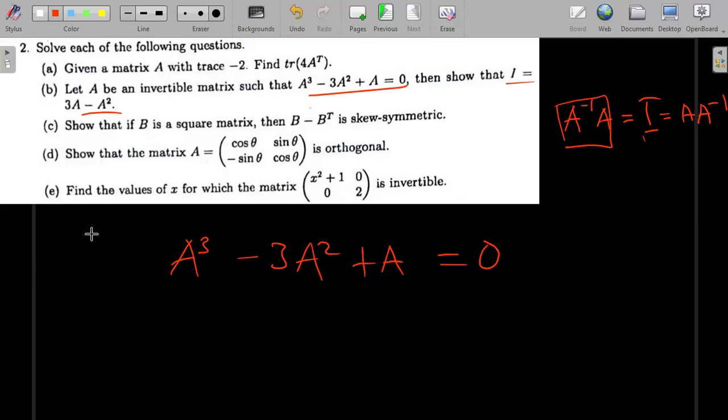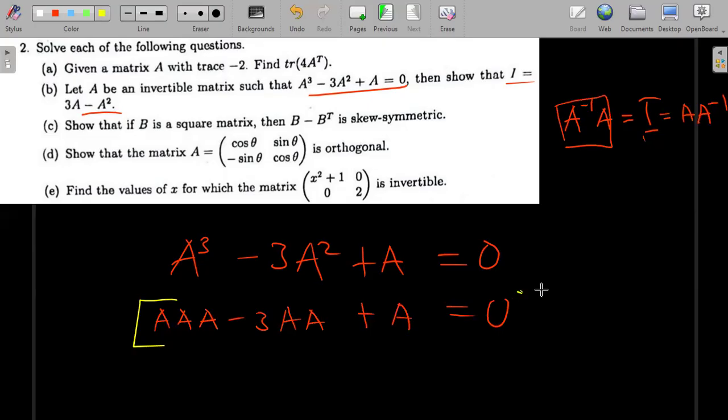All right, so now let's look at this question. I'll write this as A, and then A, and then A, because it's A to the power 3 minus 3A plus A is equal to 0. Then from there, I'm going to multiply throughout by A inverse.